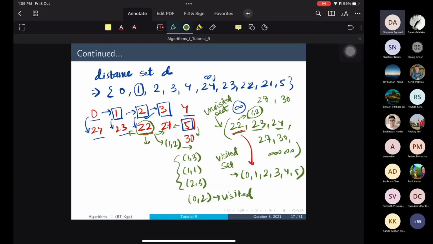So we update the value for these particular cells. Is it clear?